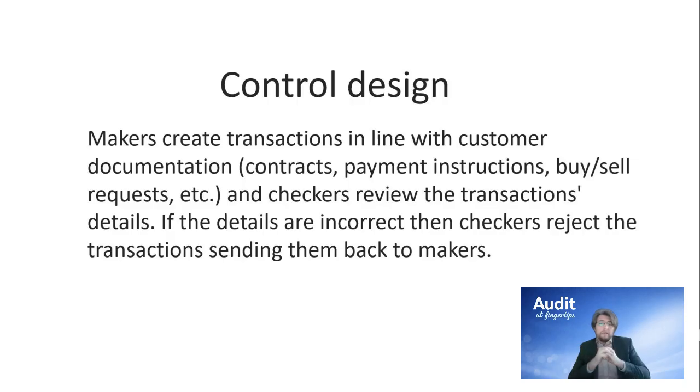In this particular case, we will review an example where we run transaction workflows, and makers create transactions in line with customer orders, customer documentation, contracts, payment instructions, buy-sell requests, etc., creating those payment documents, and checkers review those transactions, verify their details, and decide if the transaction should be approved for further processing or rejected and sent back to makers for additional work to be done.